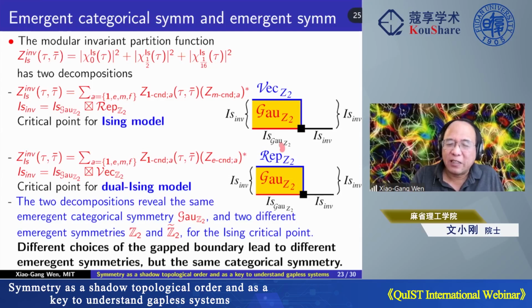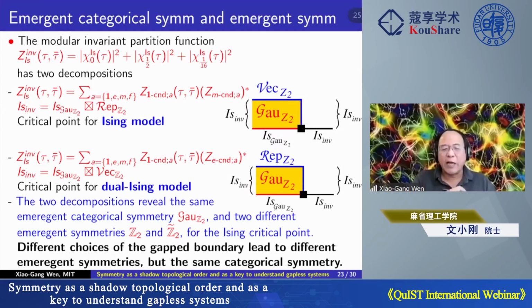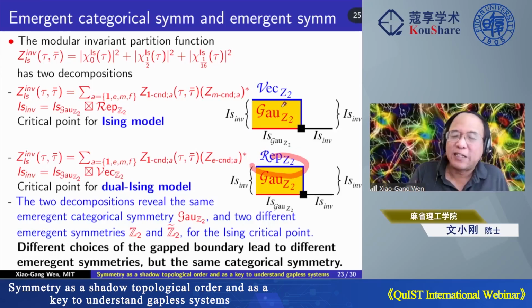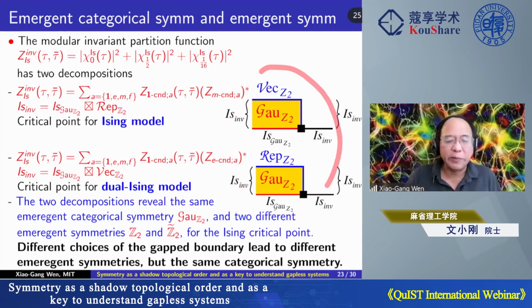Basically by choosing different gap boundaries, these two composite structures are related because they have the same gapless sector, the same local property, but globally they are different. So these are two globally different systems with the same local gapless structure. Actually, they are locally dual, so they relate by some duality transformation. Therefore, one way to construct duality is basically just to choose all different gap boundaries, then you can obtain all kinds of dualities of any model you want. So this is really a systematic way to obtain all the dual models.